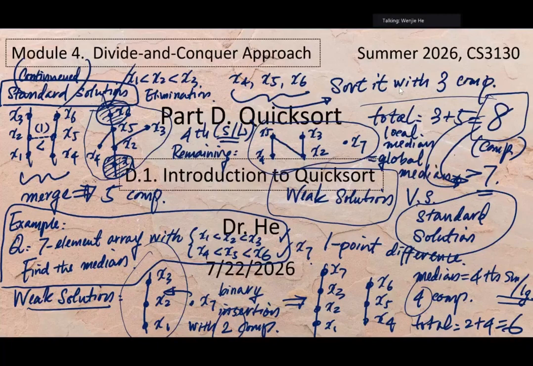How many comparisons do we need to find this local median with the given information? We need to use our median of 5 result.